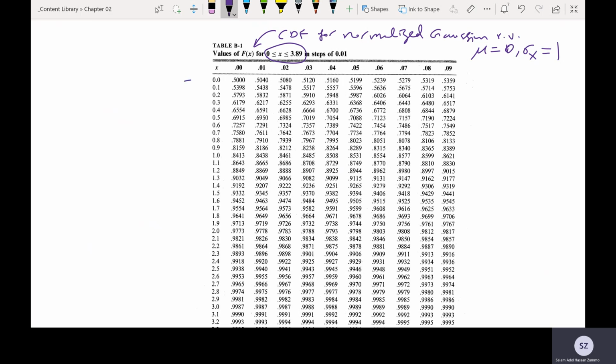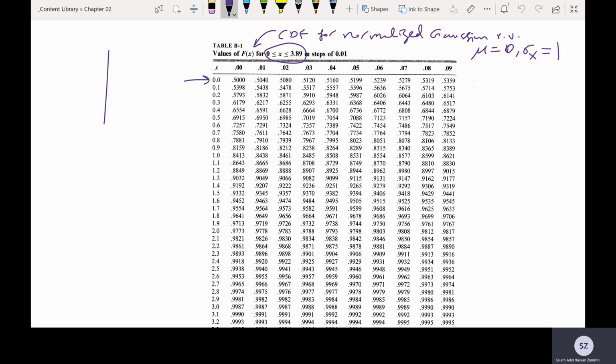Now, for x equals 0, what is the probability? What is F of 0? What is F of x? It's the probability that x is less than 0. What is x in this case, in this table? It's the normalized Gaussian distribution with 0 mean and variance equal to 1.